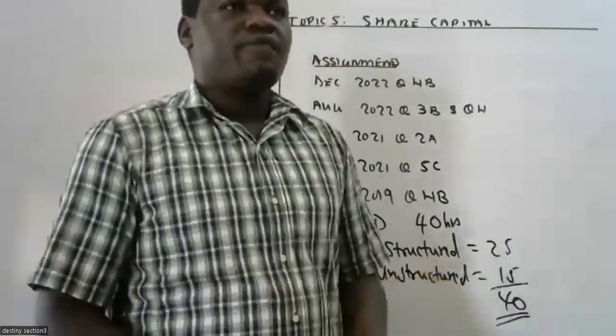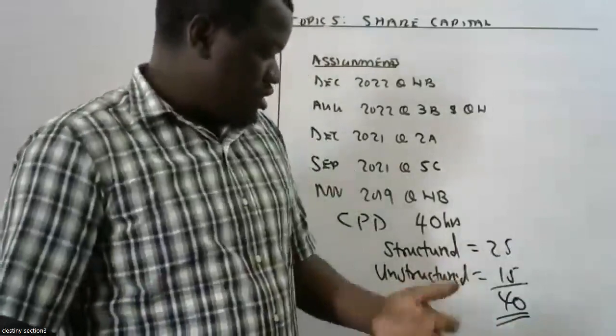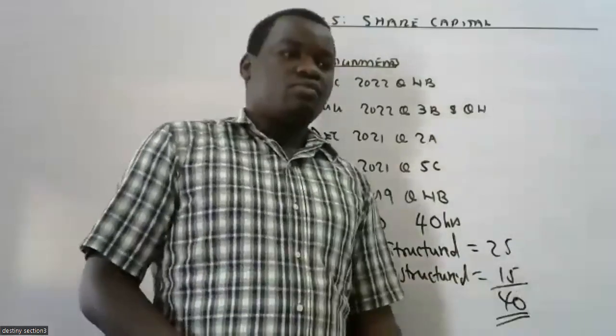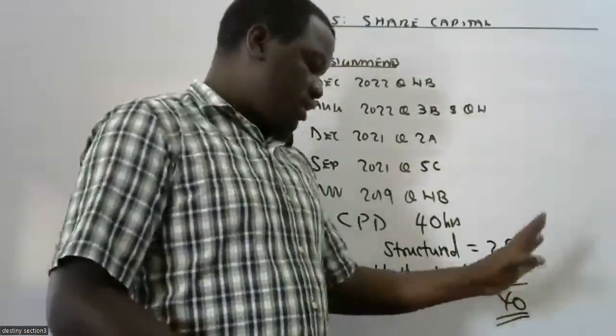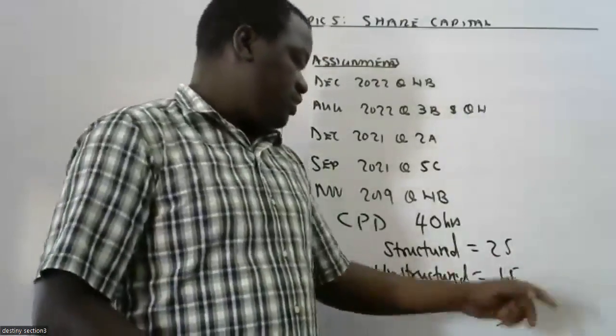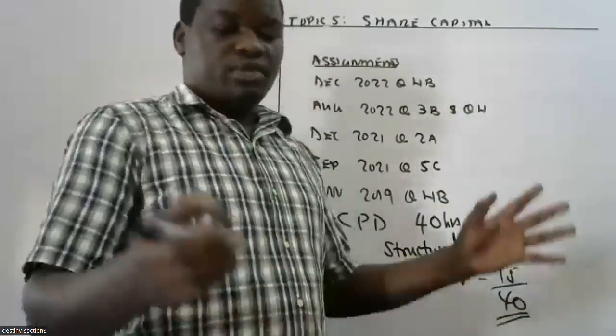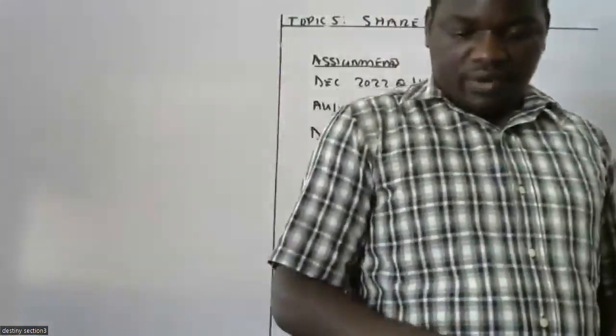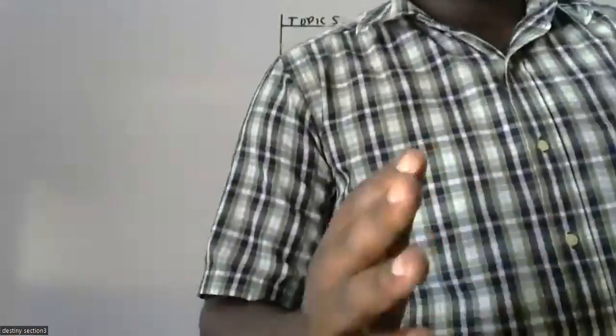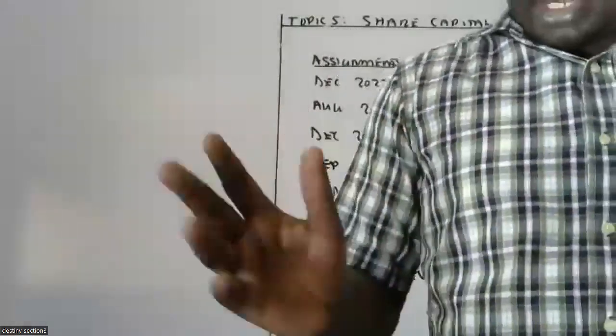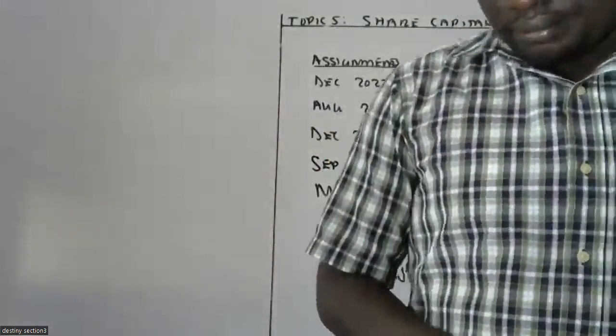You may have read any professional magazine or journal, and they give you the CPD. So it is to ensure the professional accountant is keeping themselves updated with whatever is happening in the industry.